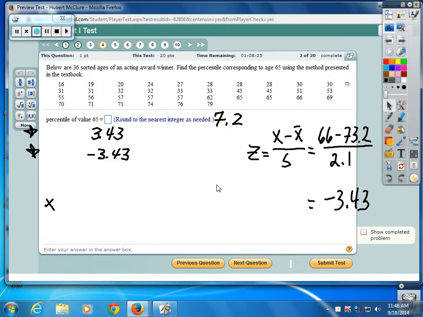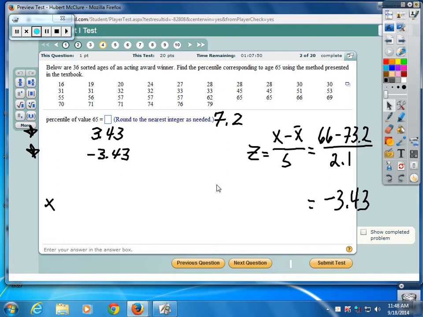Okay, here's another one. Below are 36 assorted ages. Find the percentile corresponding to 65. Now this is where you have to count the number of values below the number given, divide by n, and multiply by what?